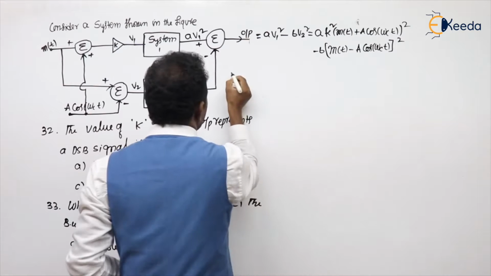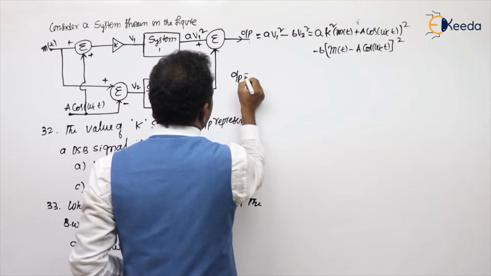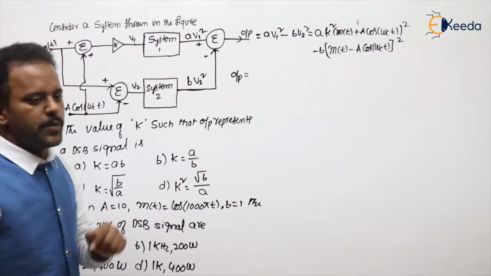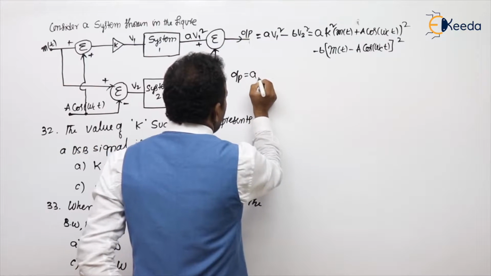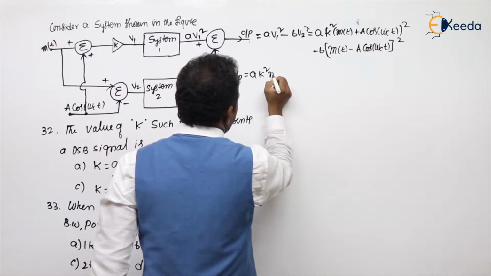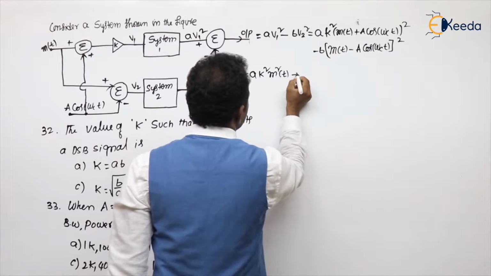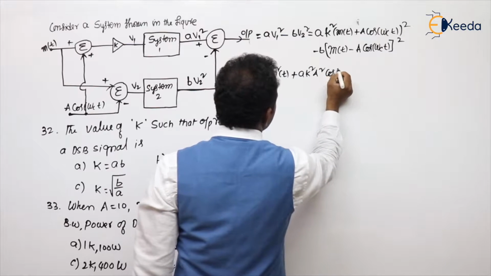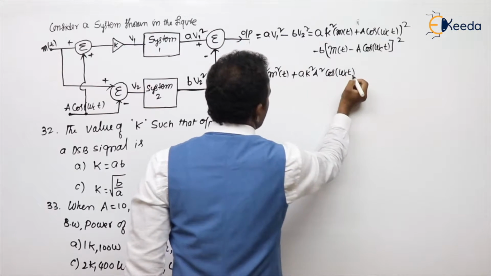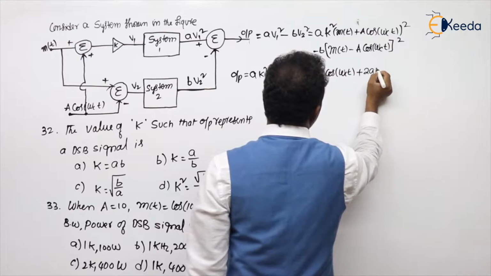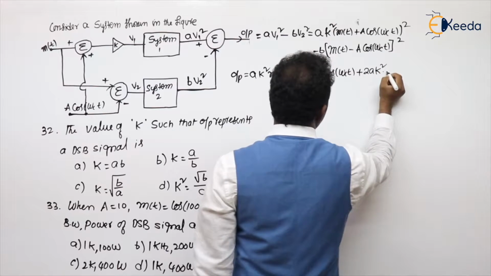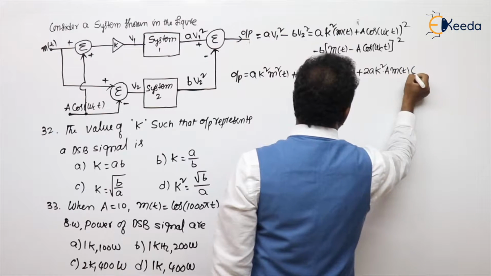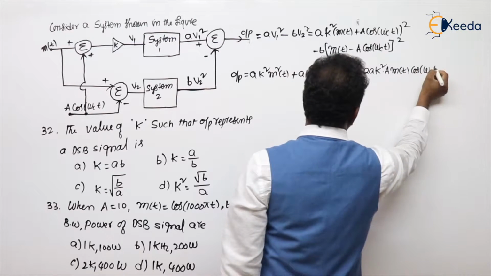The output is like (a plus b) whole square and (a minus b) whole square. Expand the first: a square K square, plus b square, plus 2ab, so 2 into a into K square into m of t into cos omega ct.